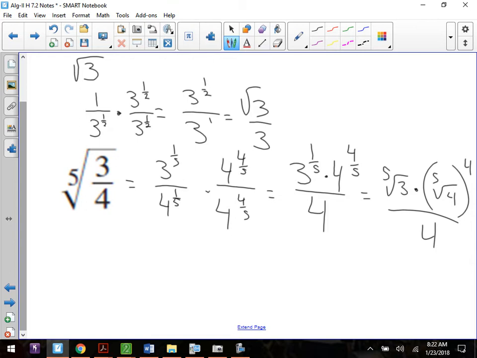What you're doing is creating pairs of 1 in the denominator. You're still multiplying by 4 to the 4/5 divided by 4 to the 4/5, which is just 1. You're just multiplying by some weird shape of 1 to use the conversions of your exponent rules. Does that make sense? It looks really weird, but it's just adding.